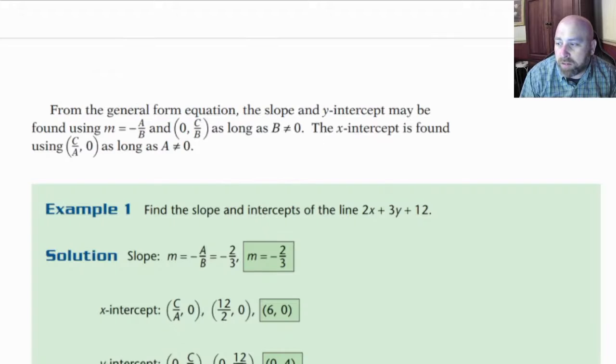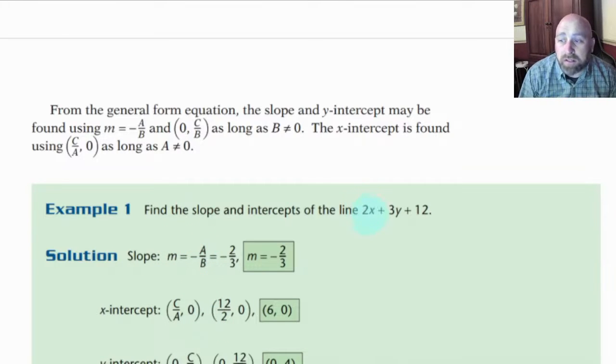Turn the page over to 221. From the general form of the equation, the slope and the y-intercept may be found using m equals negative a over b. And so that's where we just were, where we converted it into slope-intercept. So the slope is going to be negative a over b.